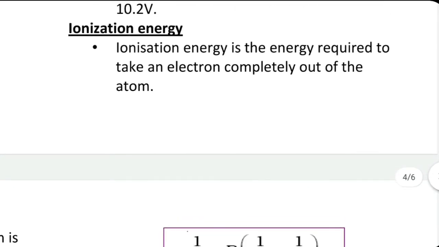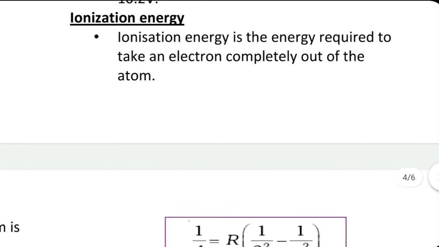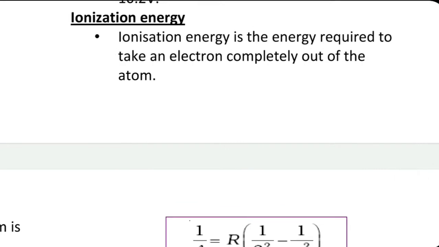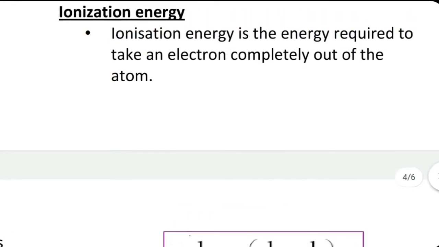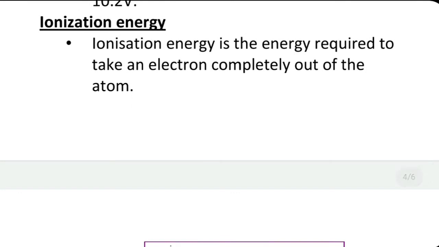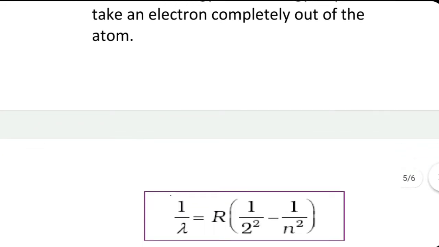Now, the next term we have is ionization energy. Ionization energy is the energy required to take an electron completely out of the atom. So to remove the electron from the atom, the energy required is known as ionization energy.